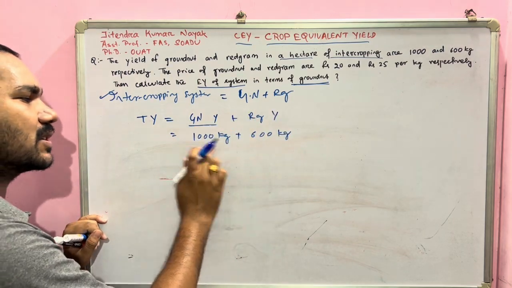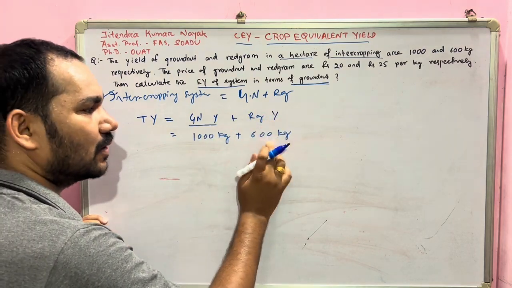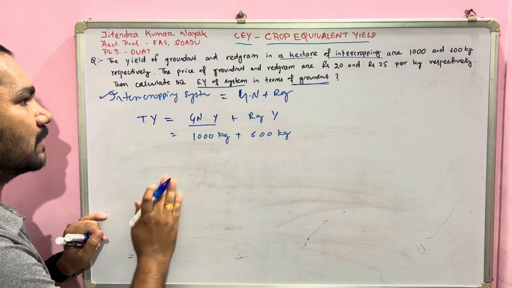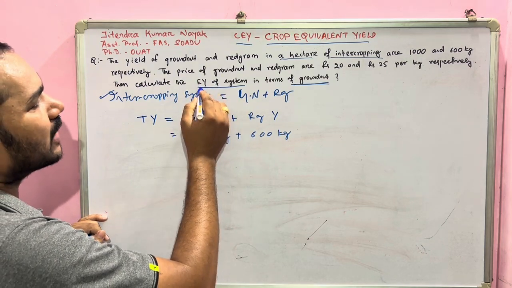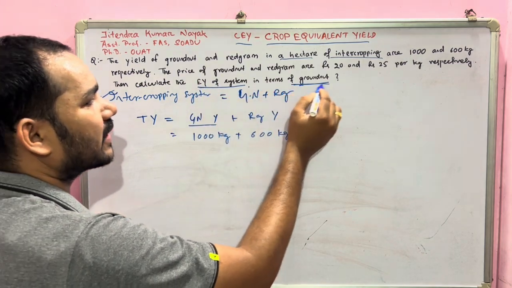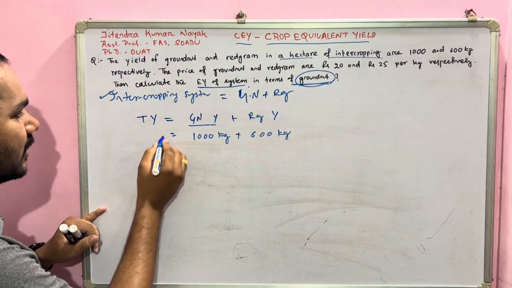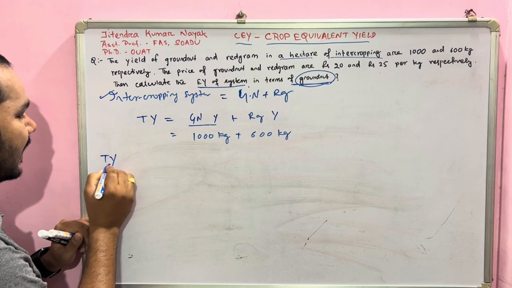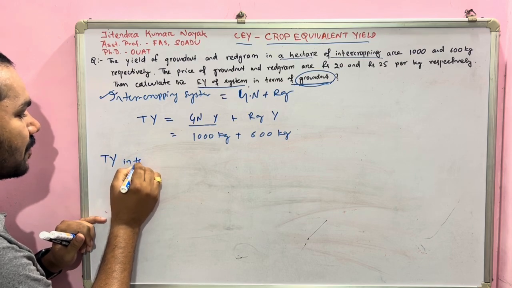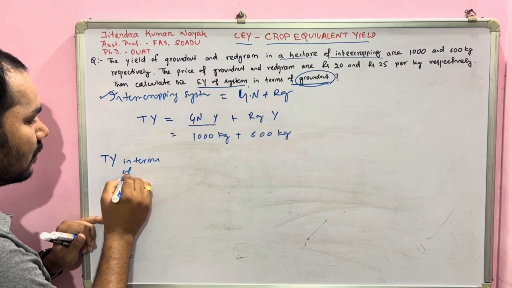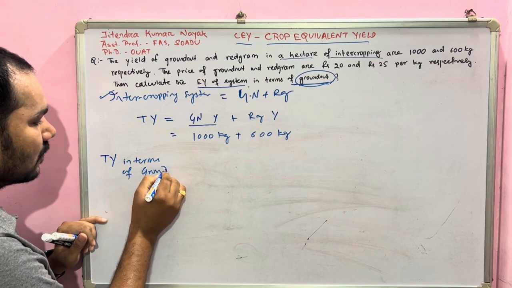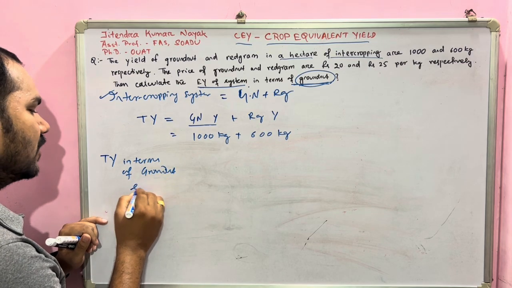Groundnut yield is 1000 kg, red gram yield is 600 kg. But the question is to calculate the equivalent yield of the system in terms of groundnut. That means, what is the groundnut equivalent yield? So here we can say the total yield in terms of groundnut equivalent yield.